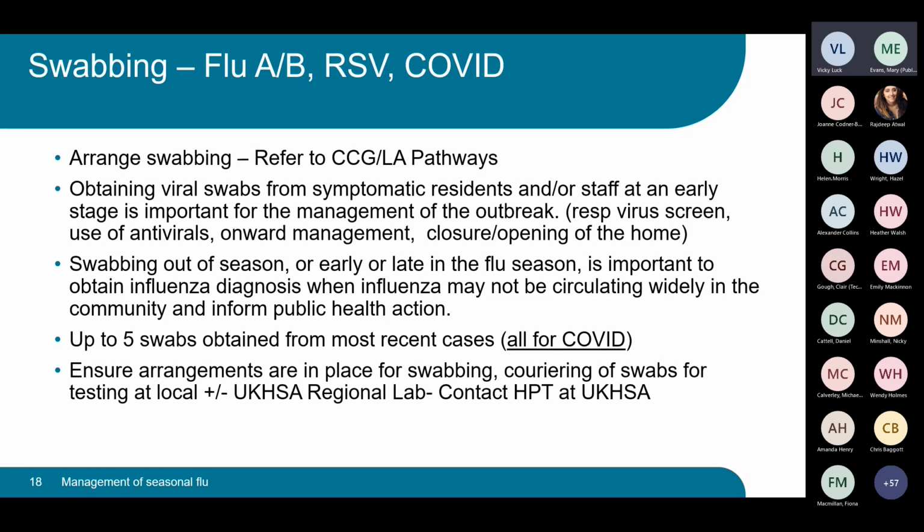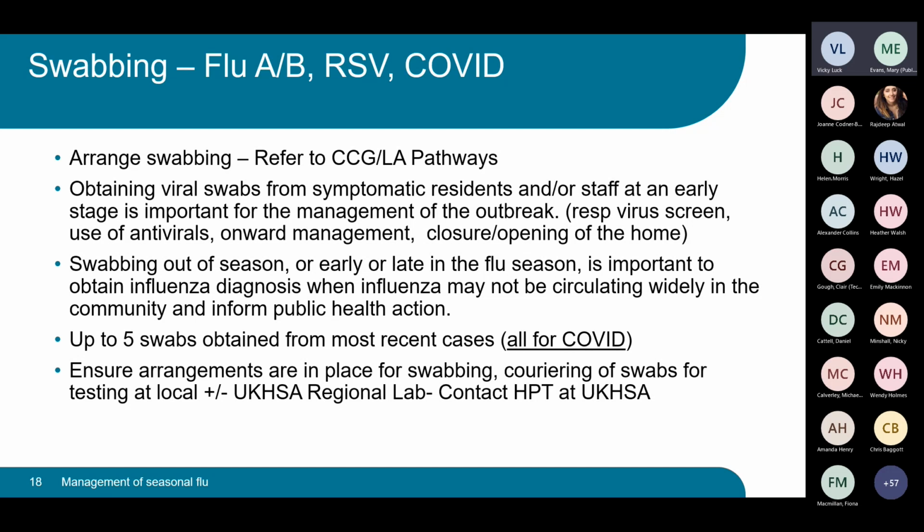So just a little bit about swabbing. We'd recommend that if swabbing does take place, it's important for the management of the outbreak. It's also really useful for surveillance purposes, to give ourselves at UKHSA and your local authorities information and intelligence about what is actually circulating. We'd recommend a respiratory virus screen, and if it's within timescale, prescribing to support the prescribing of antivirals.